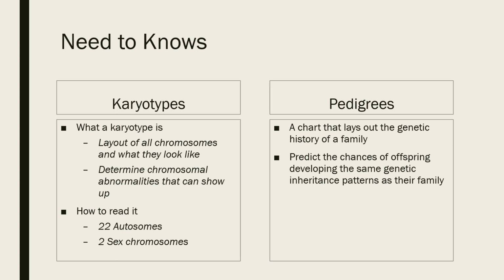With pedigrees, the only thing that you really need to know is that a pedigree chart lays out the genetic history of a family. And based off of the genetic inheritance of that family, we can predict the chances of offspring developing whatever that gene is. Based on a pedigree, we know whether or not an offspring will have color blindness.